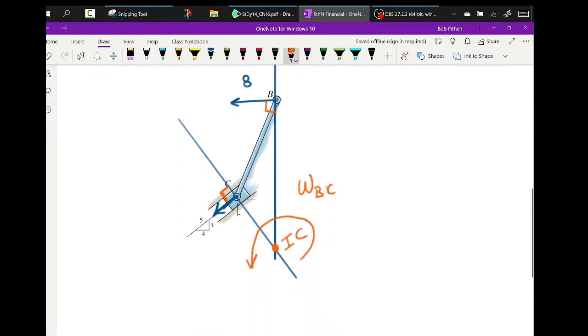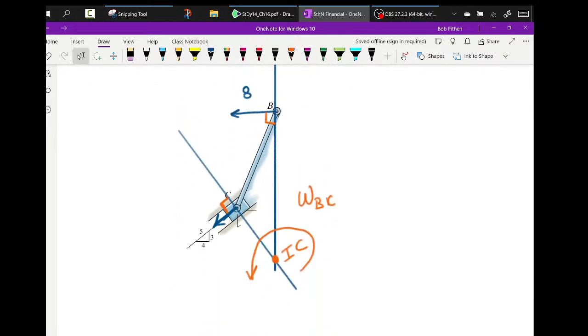Now that I've corrected myself, velocity B exists on both links. Therefore it's still 8, and it is the omega of BC times the distance from B to the instant center. Now I've got to deal with some geometry.